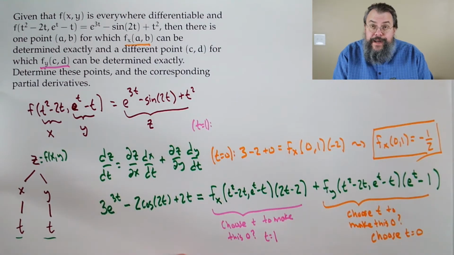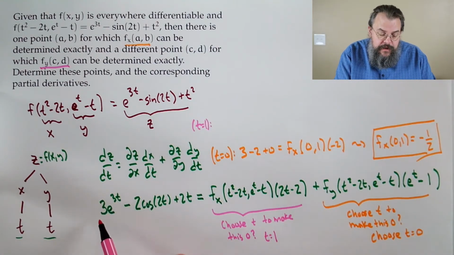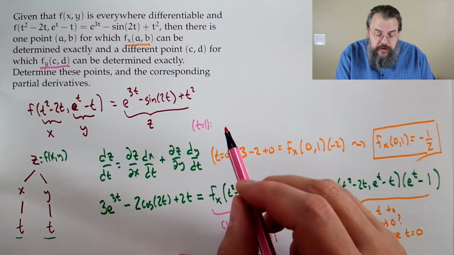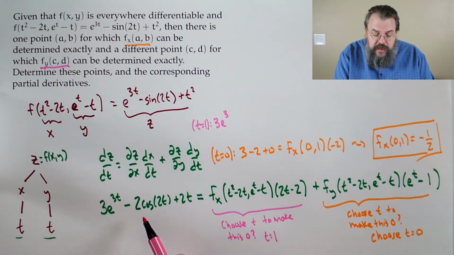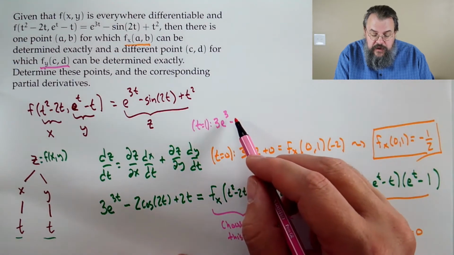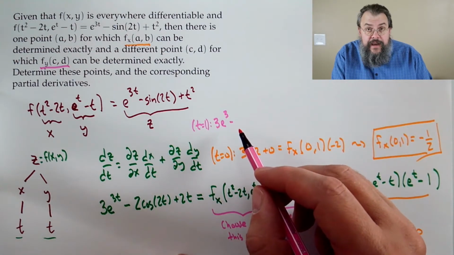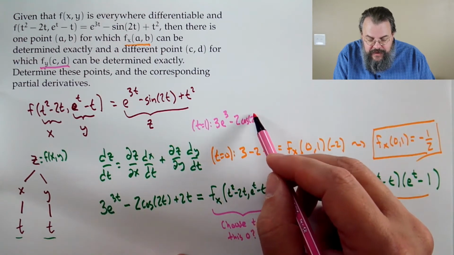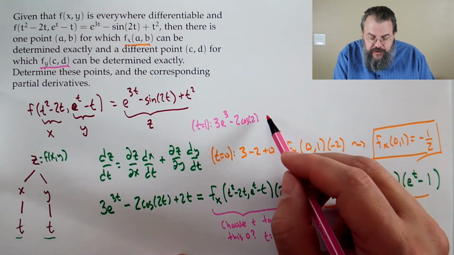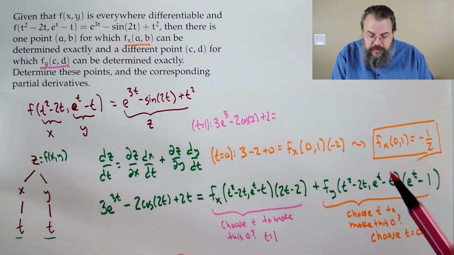Well, we're not going to get quite as nice of numbers, but we're going to get numbers. We'll get 3e cubed minus 2 cosine of 2. And cosine of 2, yeah, it doesn't simplify. Well, such is life, plus 2 equals.